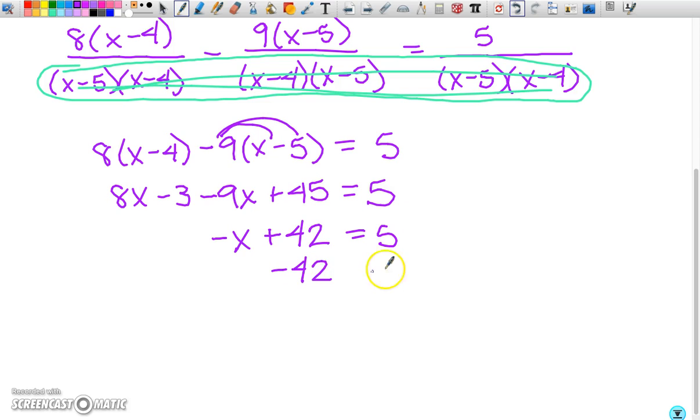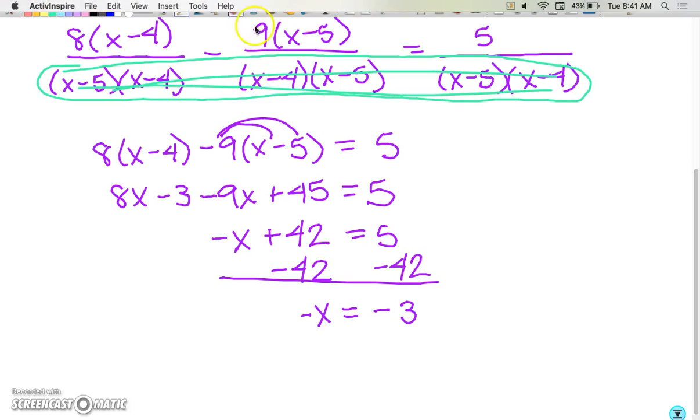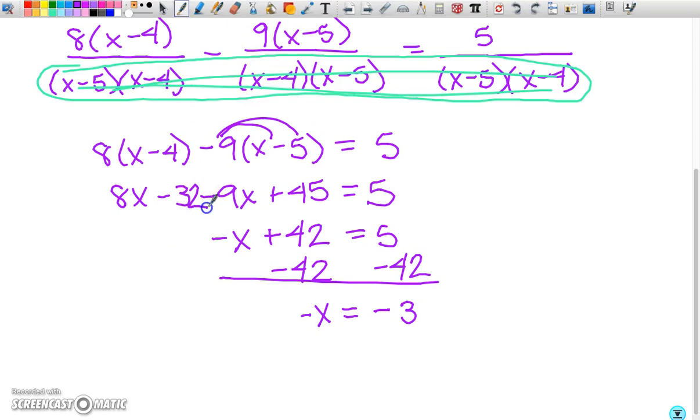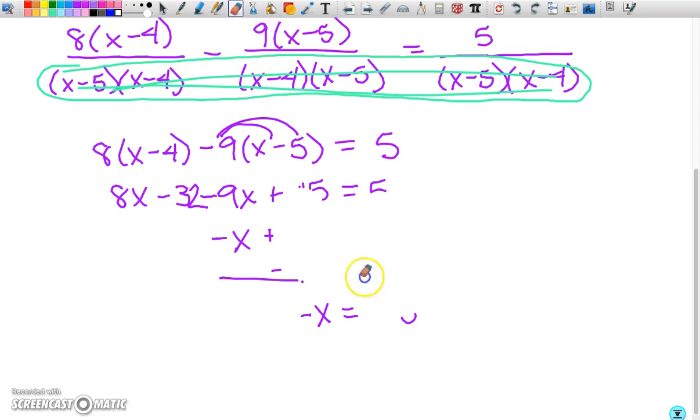Subtract 42 from both sides to get negative x equals negative 37. And then go ahead and get, oh my gosh, I didn't write 32. I just totally screwed that up. This is 32, which means, I'm so sorry.